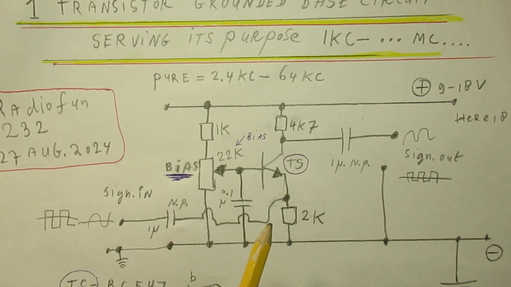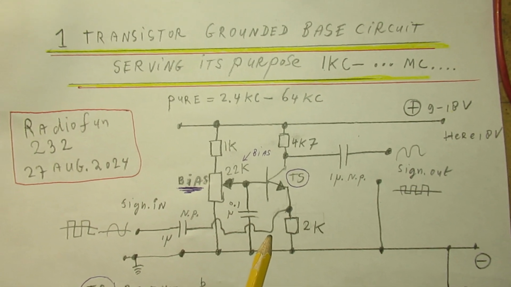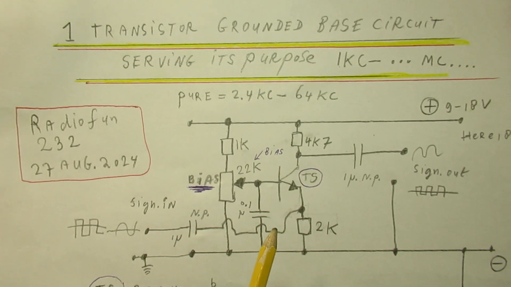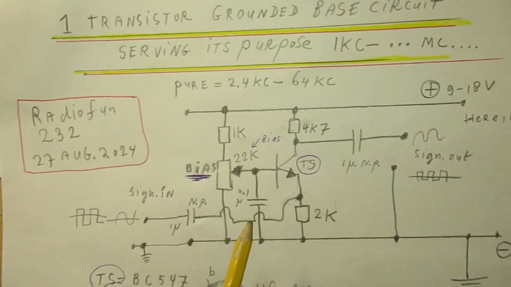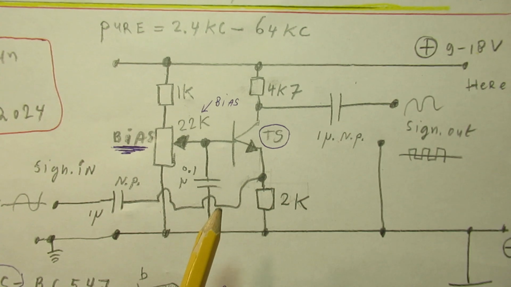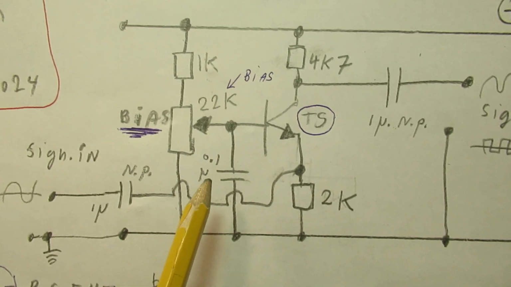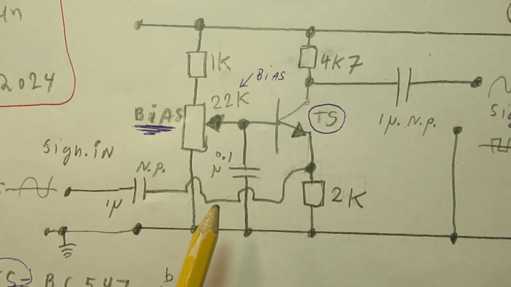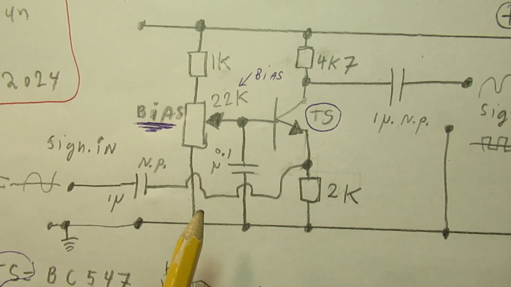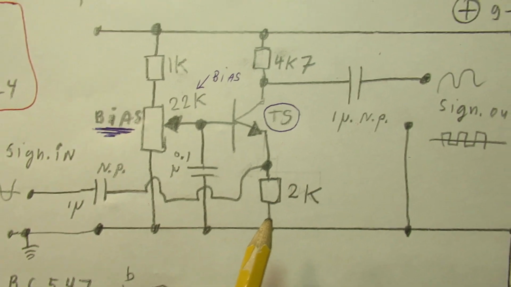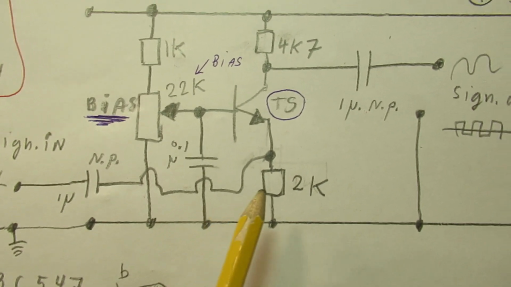But now you see here that the base of the transistor is grounded via a 100 nanofarad capacitor, and we send in the signal to the emitter.